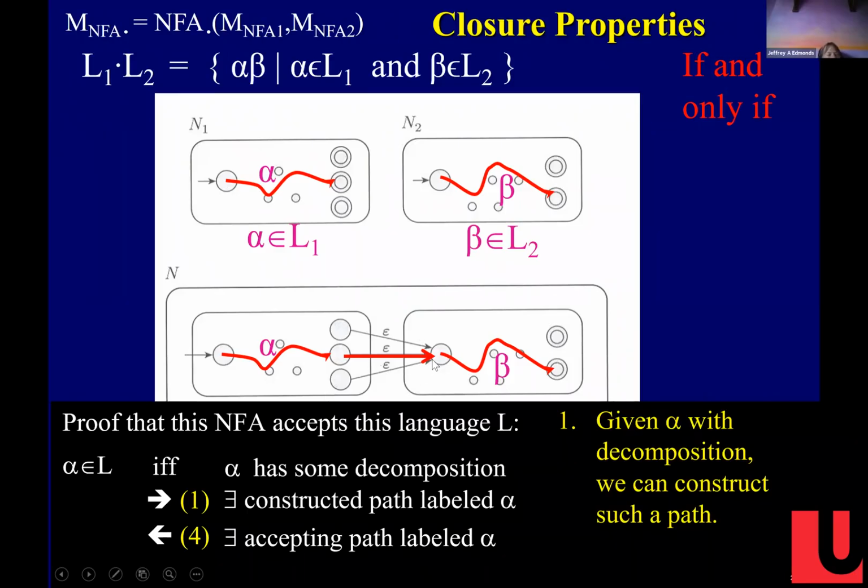It goes across an epsilon edge. And that's a commitment, because once it does that, it can never go back. And so the path beforehand is all over here and is accepting alpha, and the path over here is accepting beta. And so if a string is accepted by this machine, then there's some place to cut it such that the first half is in L1 and the second half is in L2.